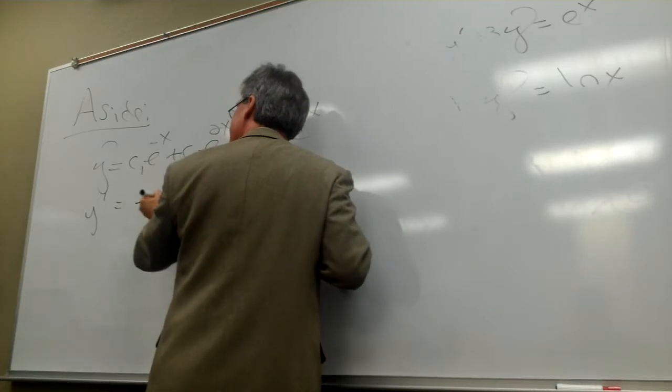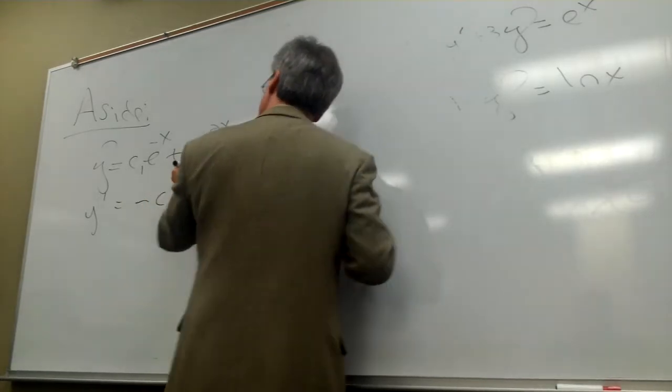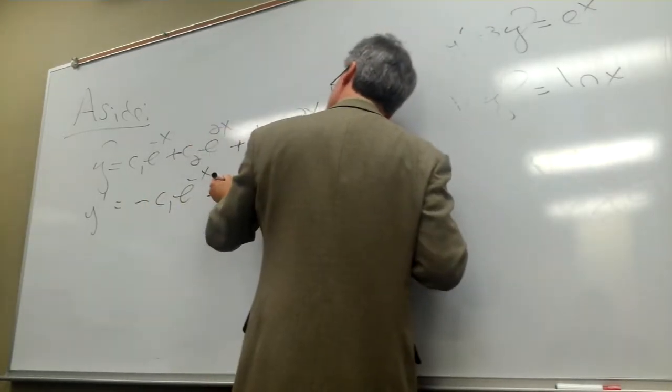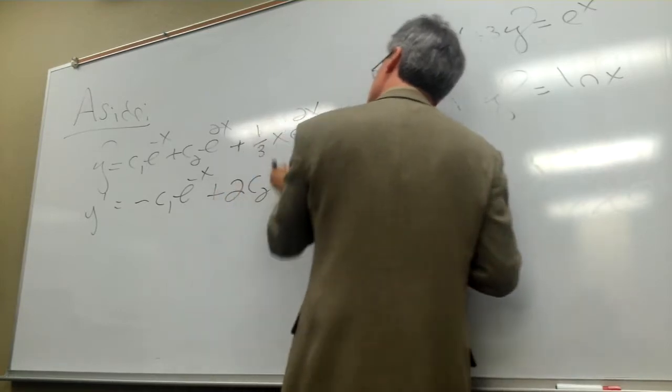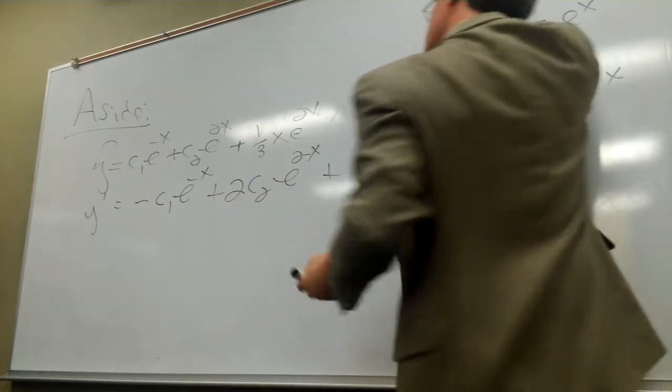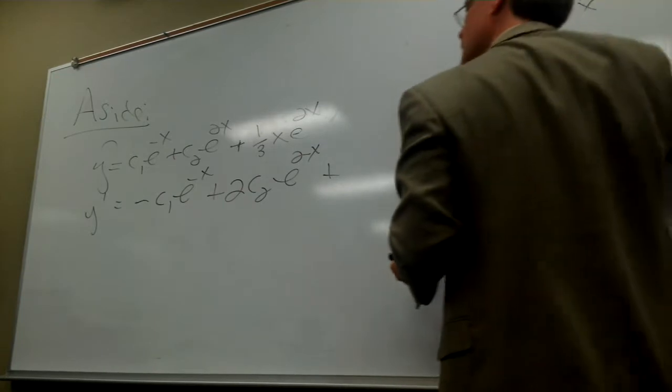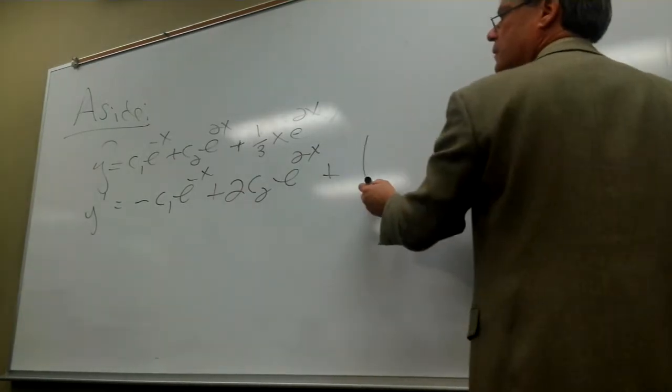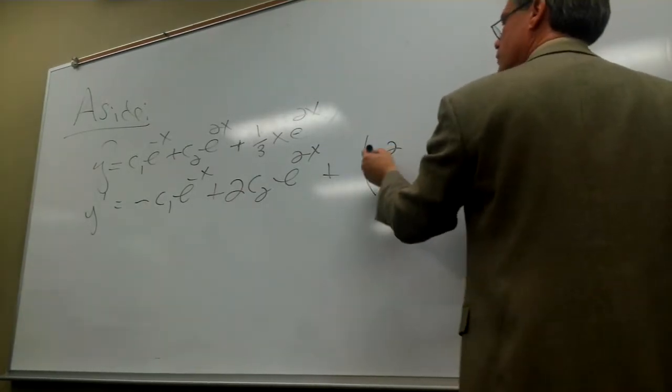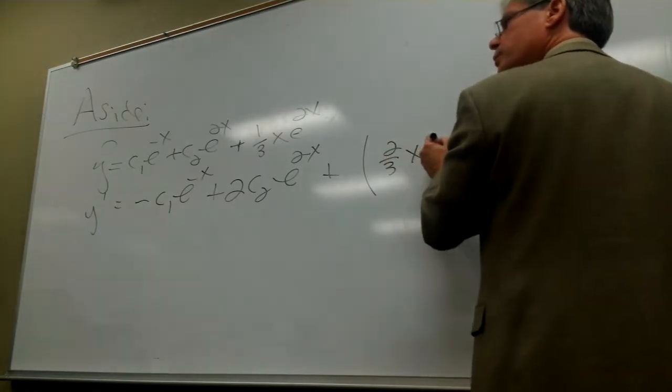Negative c1 e^(-x) plus 2c2 e^(2x) plus 2/3 x plus 1/3. Is that right?